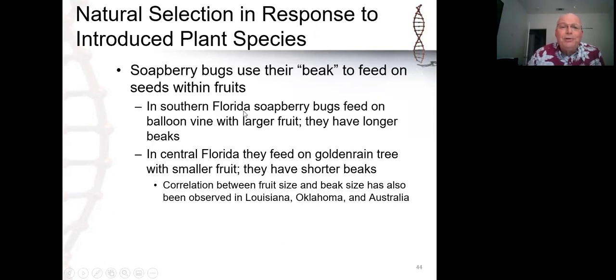It's a type of bug called the soapberry bug that came into Florida as a foreign invader and entered in through South Florida, through the Miami region. There are similar sorts of bugs in other regions around the world, and they have different beak sizes as a consequence of the type of fruit that they're feeding on.